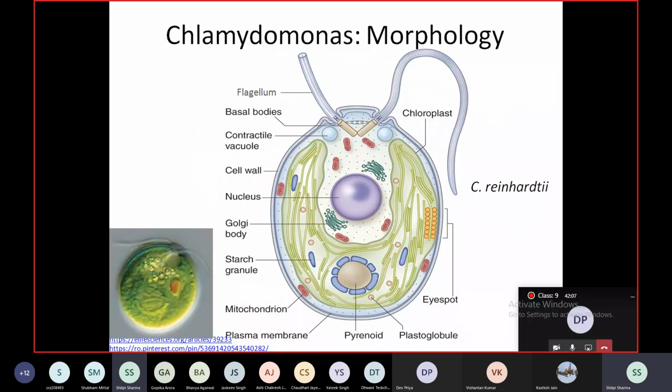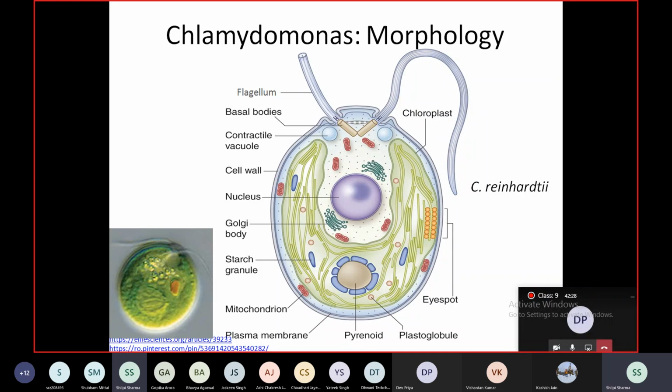The next organism about which I'll talk a little in detail, I will take up its life cycle as well. These oval cells are narrow at the anterior end, if you can see towards the top. There is a smooth and thin but firm cell wall made up of cellulose.